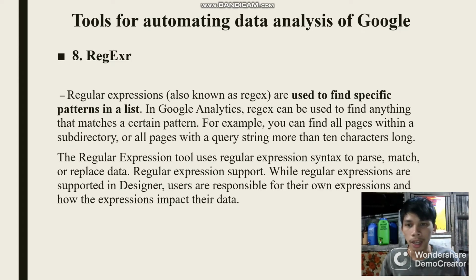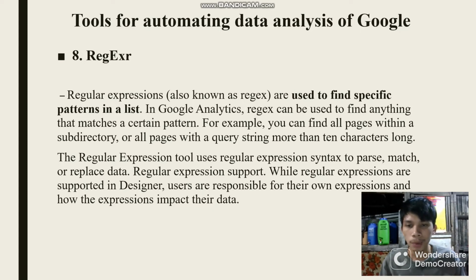regex. Regular expression, also known as regex, is used to find specific patterns in a list. In Google Analytics, regex can be used to find anything that matches a certain pattern. For example, you can find all pages within a subdirectory or all the pages with a query string more than 10 characters long.